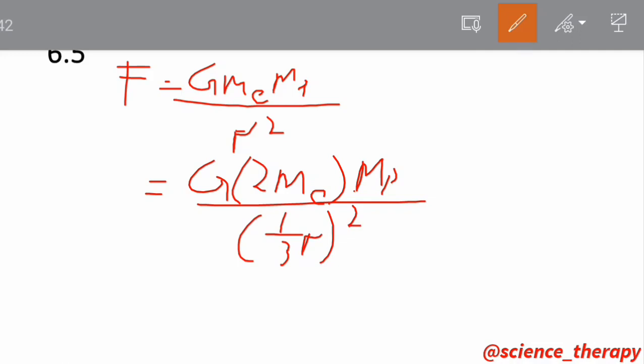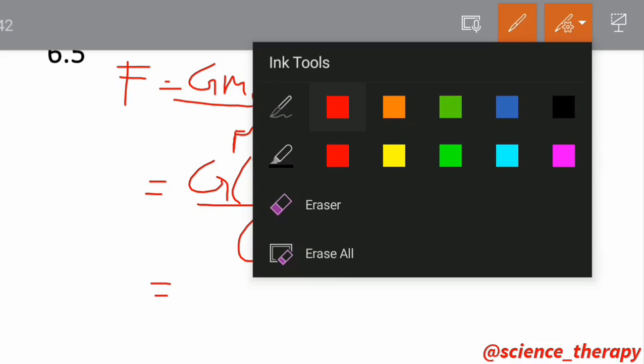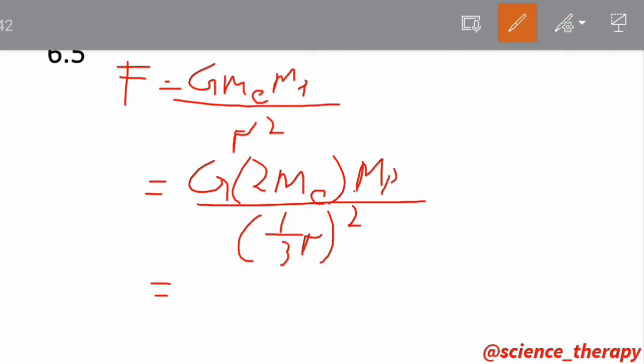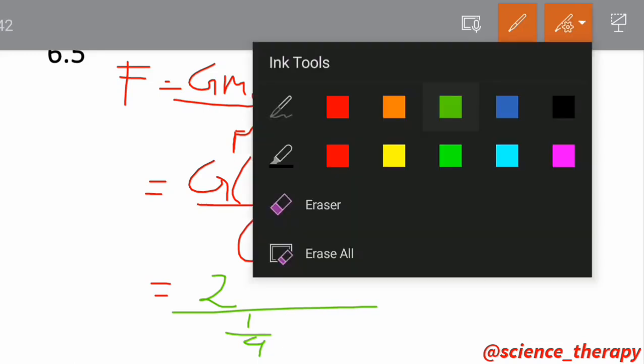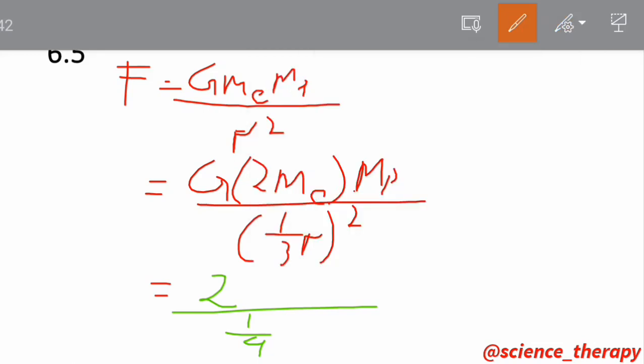So now what do I have? If I have this 2 here, let me write it here. So I have this 2 here, and then over, I have this 1/9 from 1/3 squared. And then my formula is still going to be the same. I have mass of the Earth, mass of the plane, and then now here I'm left with r squared.